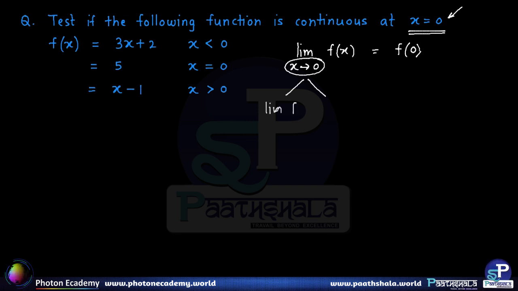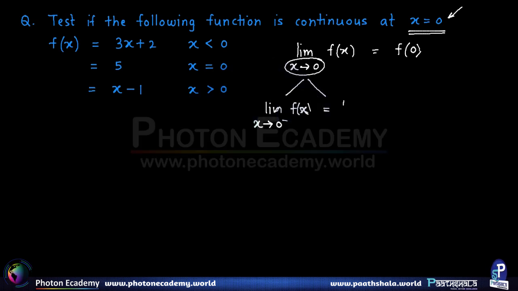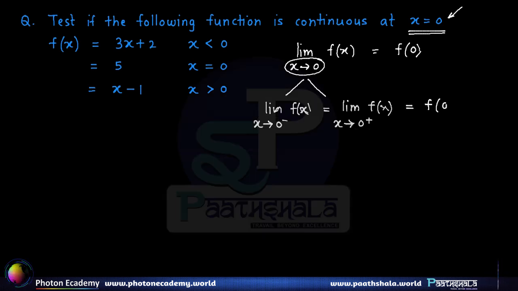So we must first get the limit of the function as x tends to 0 minus, that is from the left side. This must be equal to the right hand side limit of the function, that is the limit of f of x as x tends to 0 plus, and both of these in turn should be equal to the value of the function at x equal to 0, correct? And this we have already seen in the definition also.